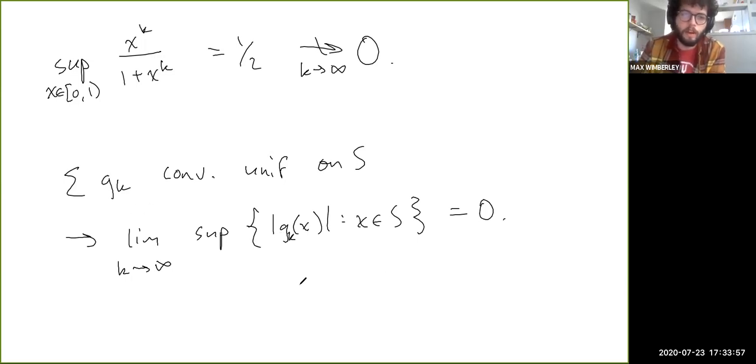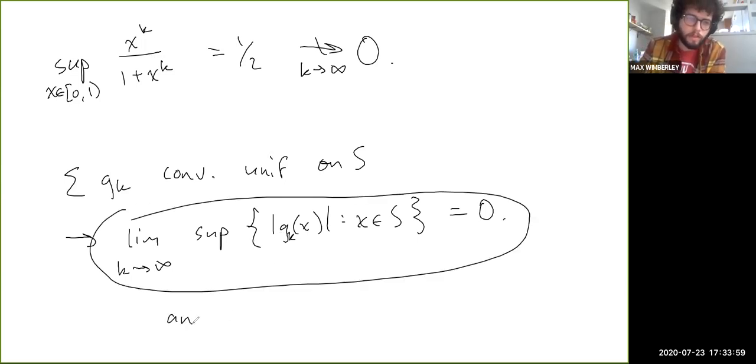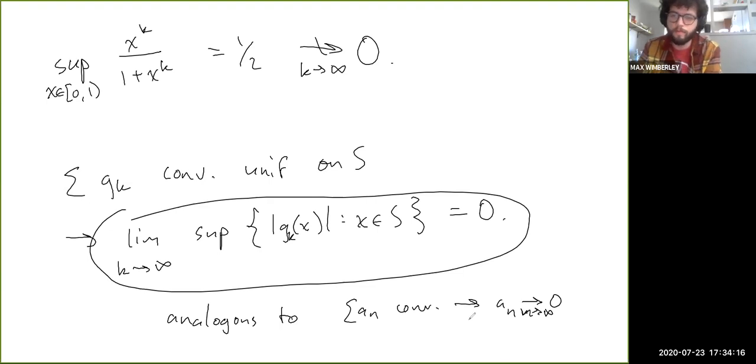This is analogous to the theorem that if a series of numbers converges, that means that an goes to 0 as n goes to infinity, right?